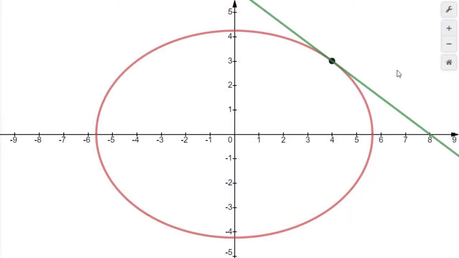You see our tangent point is right at 4, 3, and this line here is the equation I typed in decimal form: negative 3 over 4 x plus 6. I got this line in green, and that does look like it is tangent to this ellipse at the point 4, 3.